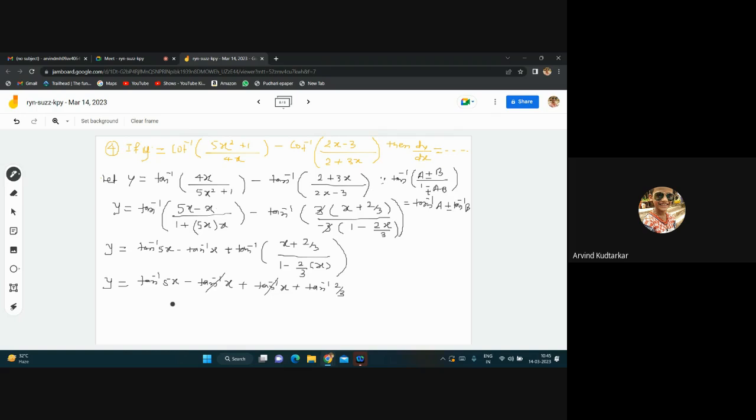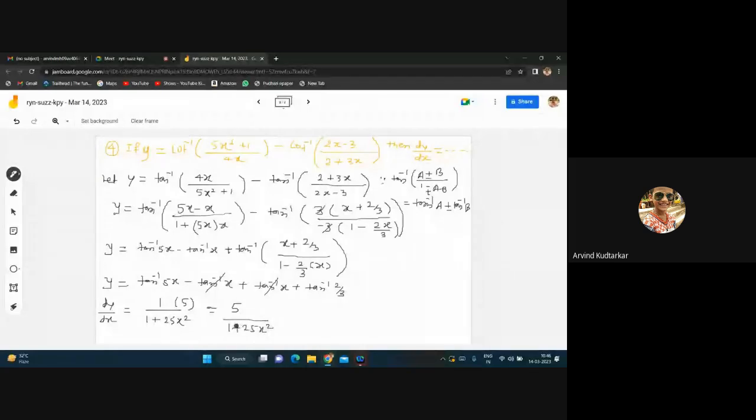But before that, we must take the derivative of 5x. What is the derivative of 5x? It is 5 into the derivative of x; 5 is a constant, take it as it is, and the derivative of x with respect to x is 1. So we get 5 upon 1 plus 25x square. And the derivative of the constant is 0. So we get 5 upon 1 plus 25x square.